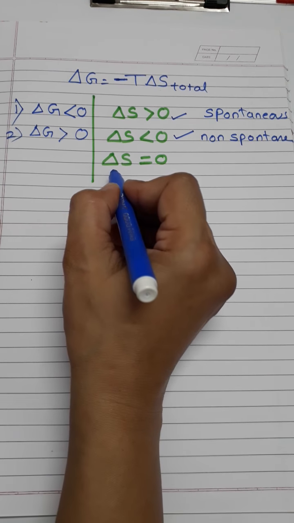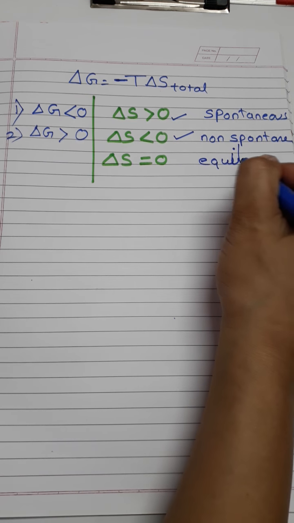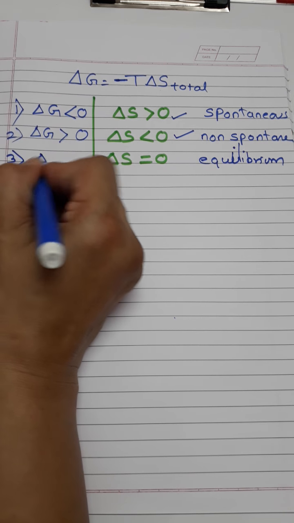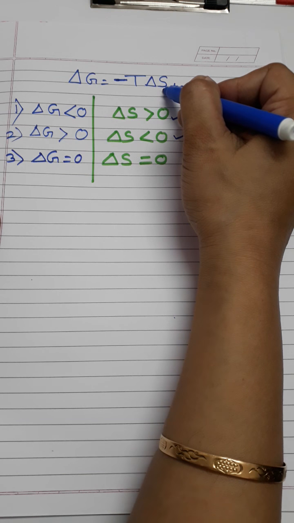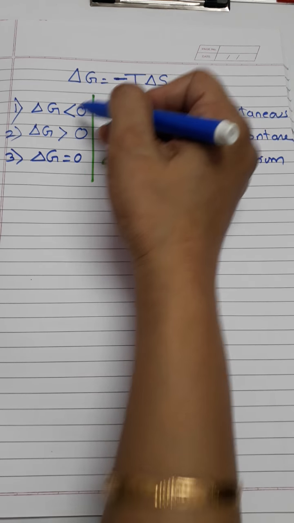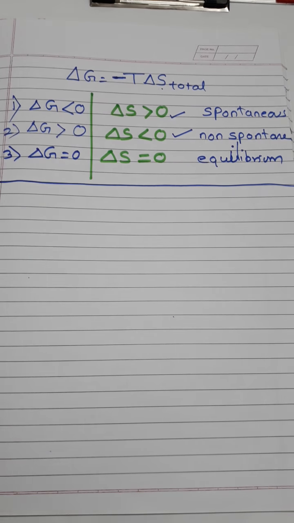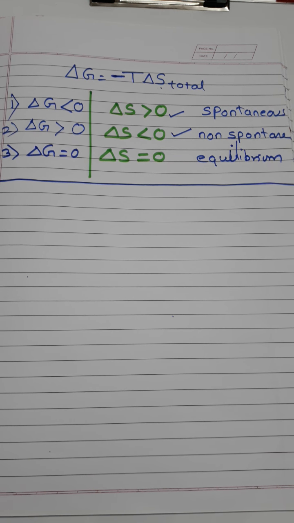But when delta S is equal to 0, we have studied that the reaction would be at equilibrium, so delta G also would be 0, because when you put delta S as 0 here, the whole answer becomes 0. So in this way, students, looking at the value of delta S and delta G, we can predict whether the reaction is spontaneous or not.